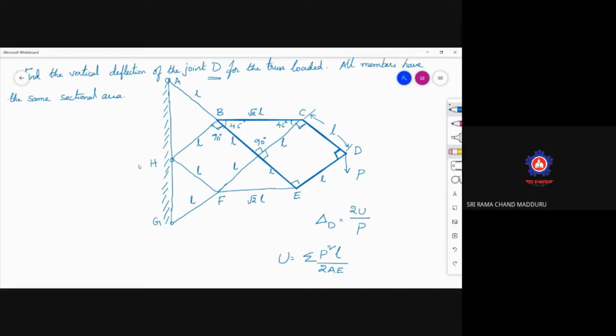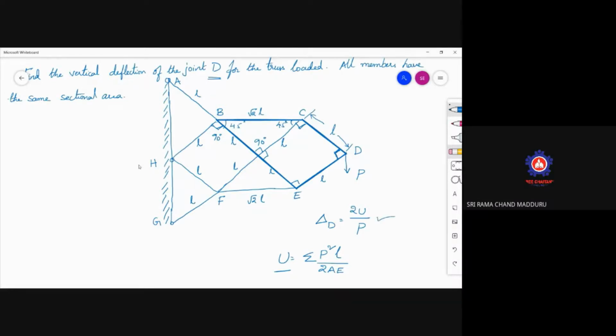After getting that, and the length of the member also is known, prepare a tabular form. From that get the total strain energy. After getting total strain energy, you will simply get this one. Deflection at D is nothing but 2U by P.